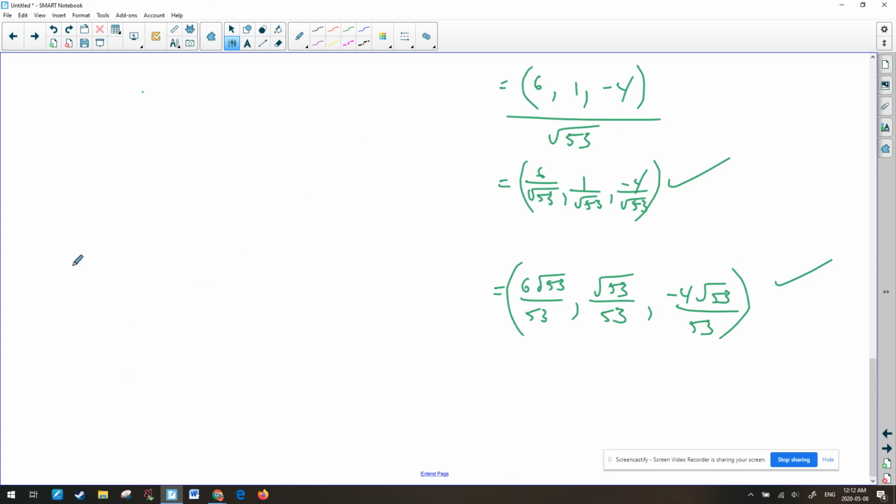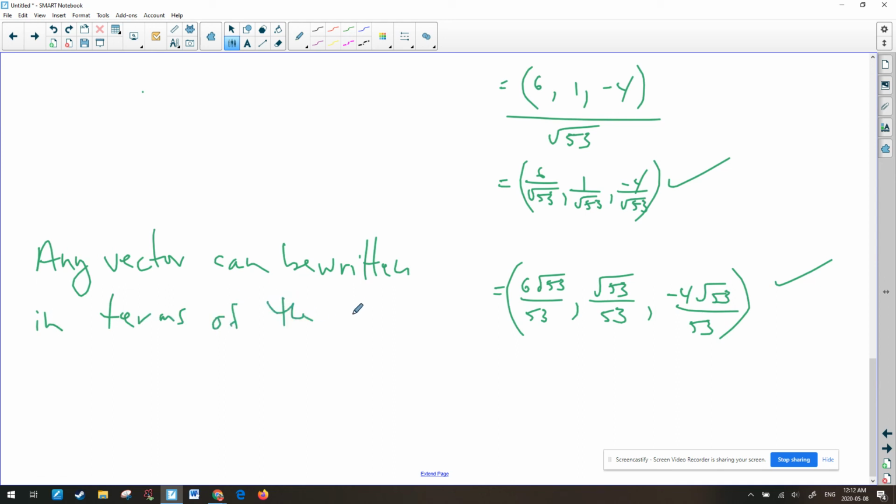The other thing that's worth noting is any vector can be written in terms of the unit vectors i hat, j hat, k hat.